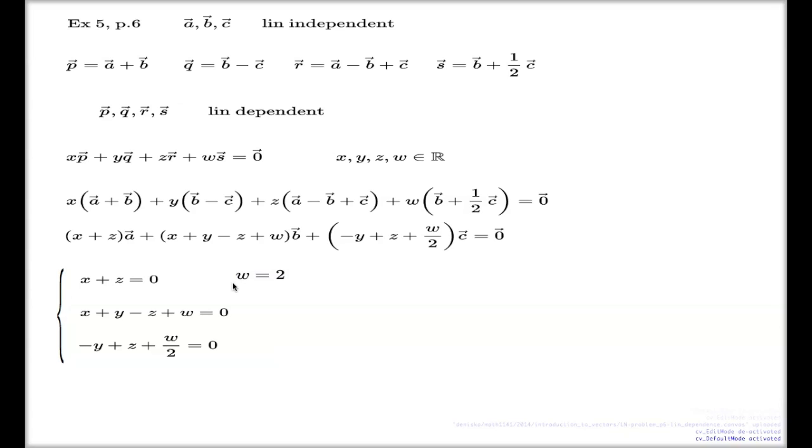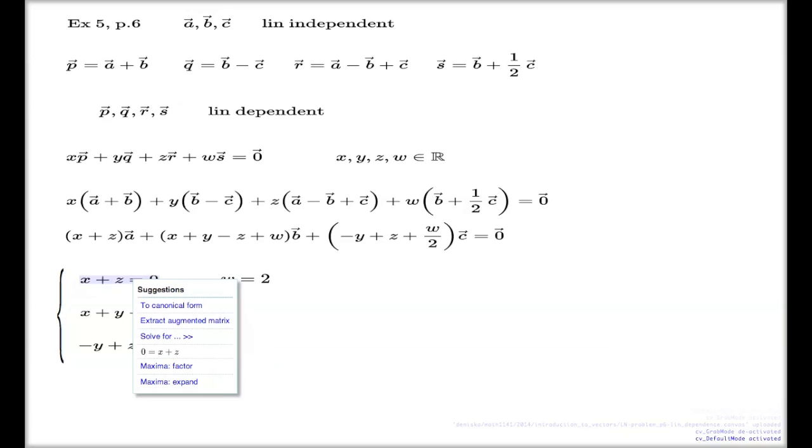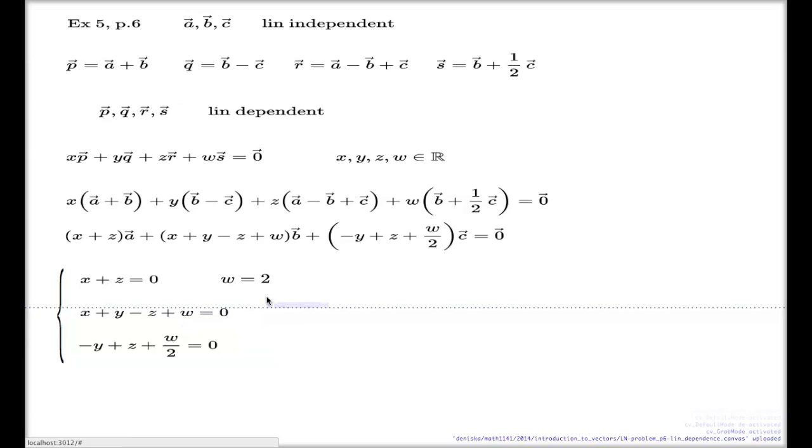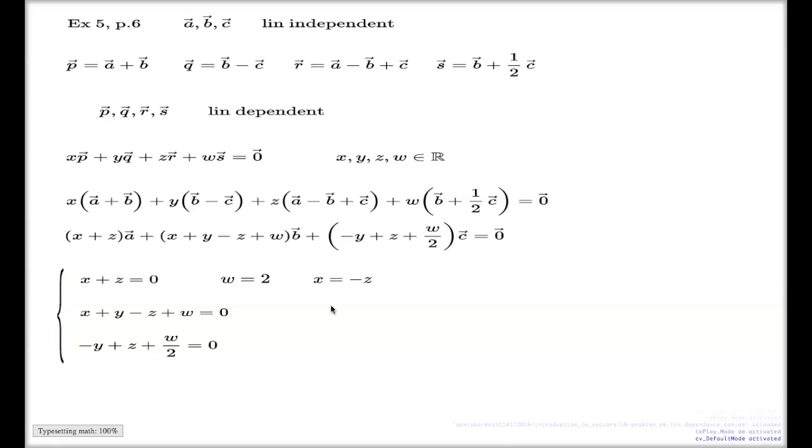Let's just see if it's so. So I'll just take w equals 2. I will solve for x from the first equation. Easy solution. And now I'm going to put these numbers into the other 2. So I substitute these 2 into this.